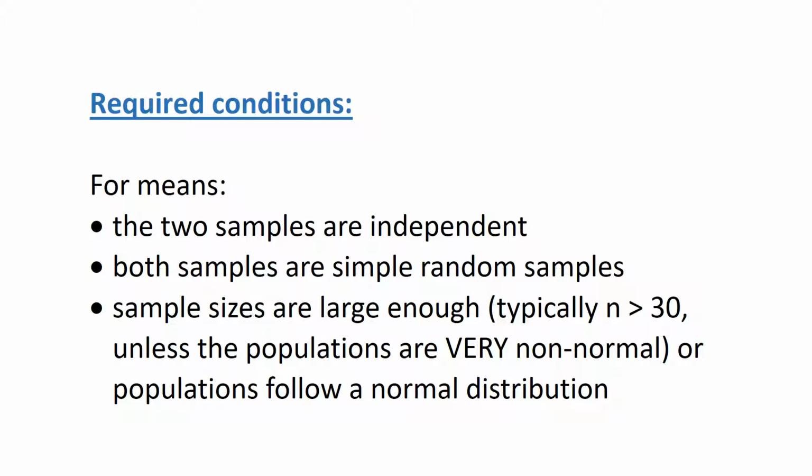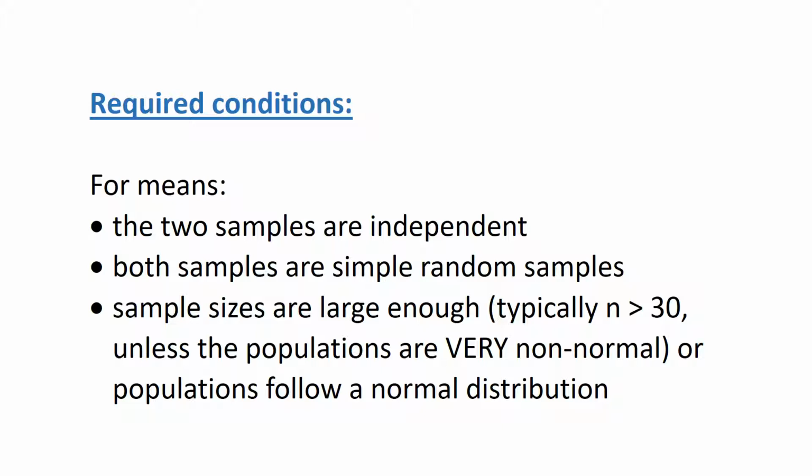Our conditions, if we want to compare two independent samples for their population means: we have two independent populations and we want to compare their means, so we need to have two independent samples. The samples need to be simple random samples, not biased in any way, shape, or form.